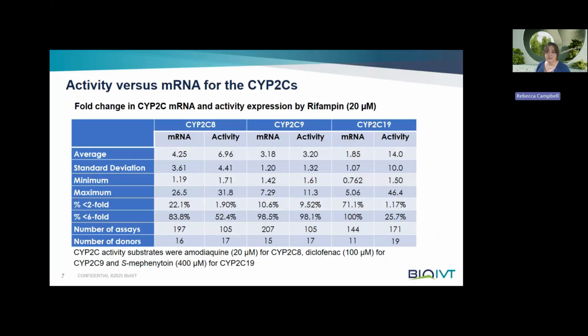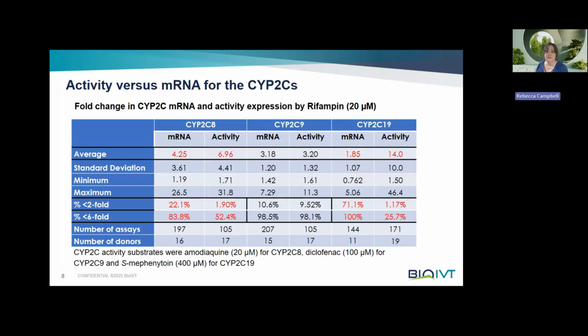Here I have gathered historical data for CYP2C induction from several induction studies to demonstrate the differences in response by the positive control between mRNA and activity results. Take note of the CYP2C8 and 2C19 results. We don't see much of a difference in CYP2C9 mRNA versus activity. But as you can see for CYP2C19, the average fold for rifampin was 1.85 for mRNA versus 14-fold for CYP2C19 activity.